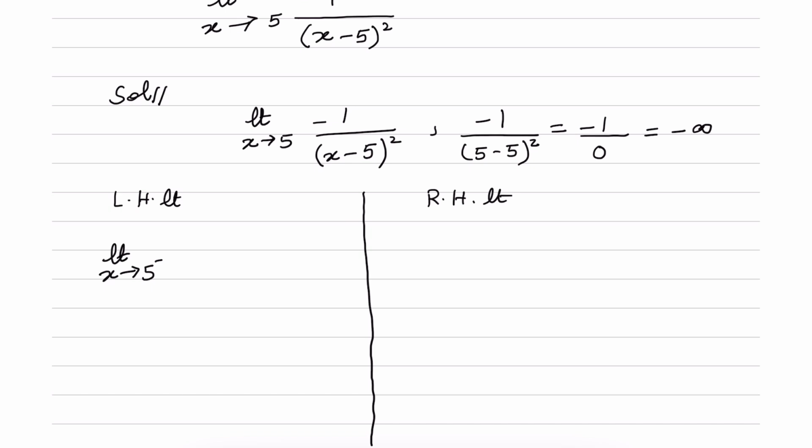X is approaching to 5 from the left of 5 and the function here is minus 1 over x minus 5 whole square. And you find the right hand limit. X is approaching to 5 plus, because x is approaching to 5 on the right of 5, and the function is minus 1 over x minus 5 whole square.